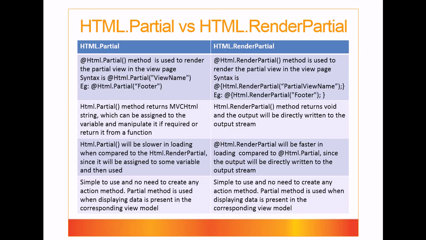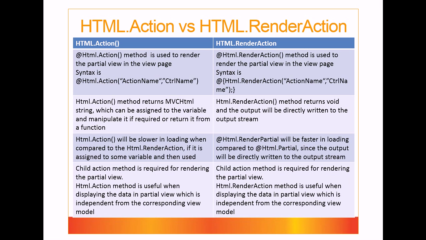If you don't have any action method, then you can go with Partial or @Html.RenderPartial method. Whenever a child action method is required, we have to use Action or RenderAction method for rendering the partial view.